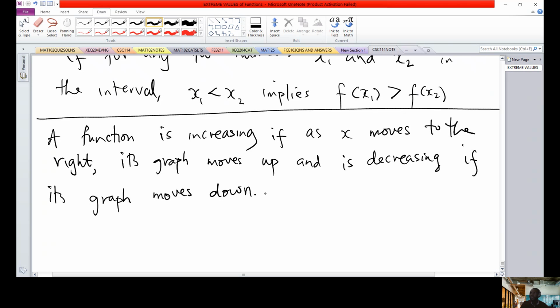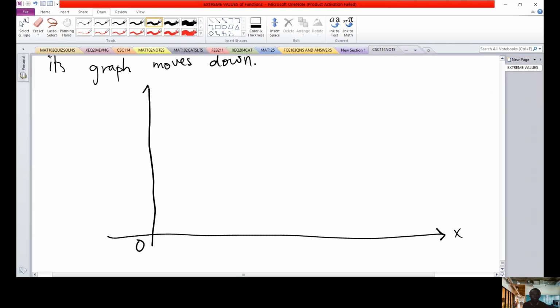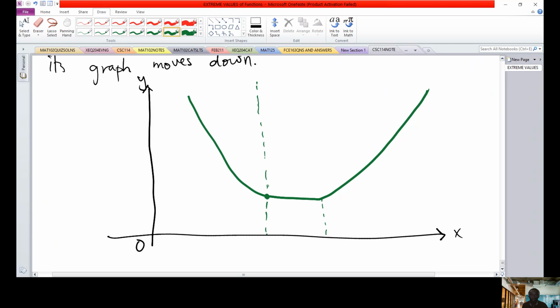So let's draw a sketch to illustrate that. For this case here, this is x equals a, this is x equals b, this is the function.